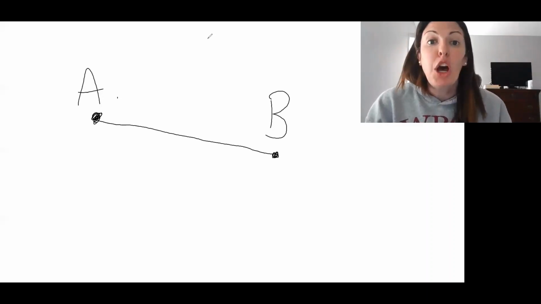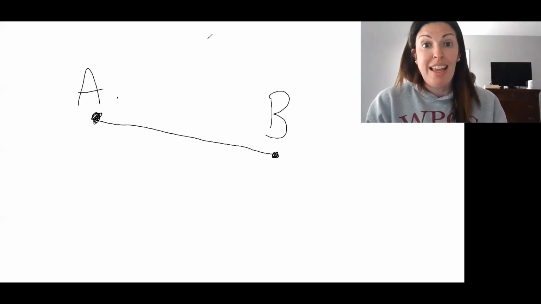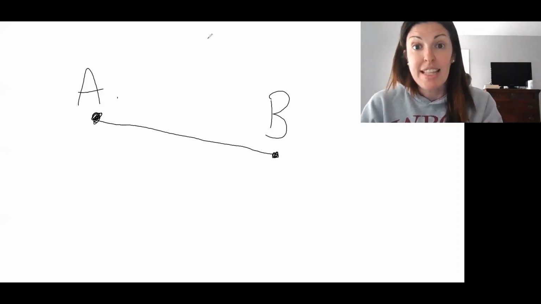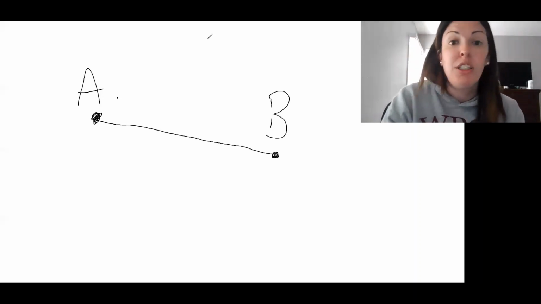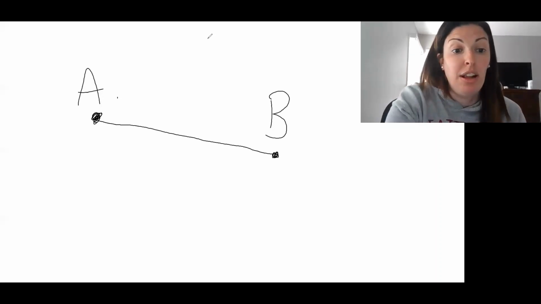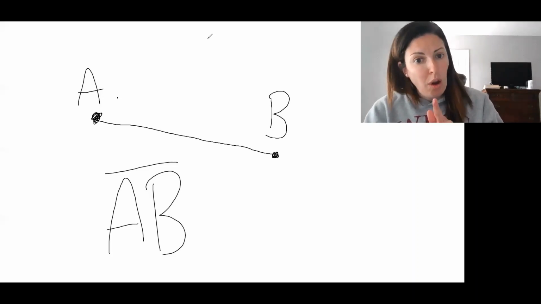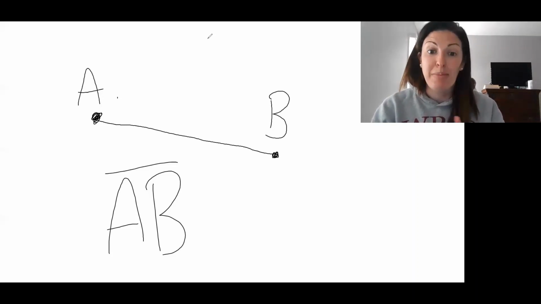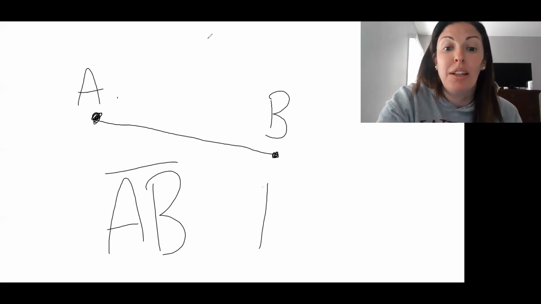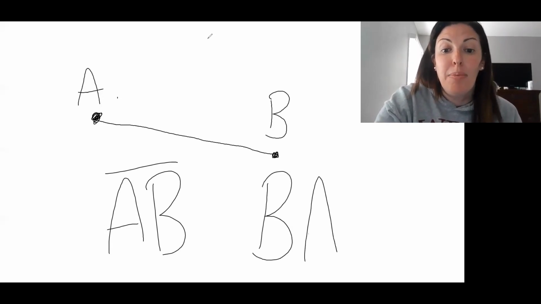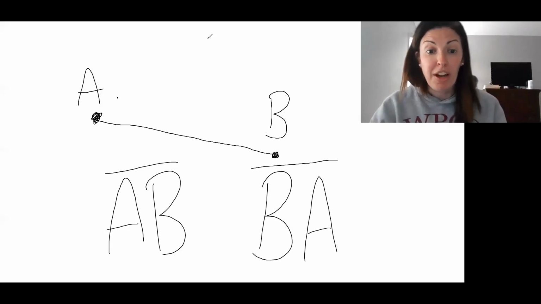Okay, so if we were going to label or name this line segment, we could name it either line segment AB or line segment BA. And it's very important that either way you name it, it's okay.